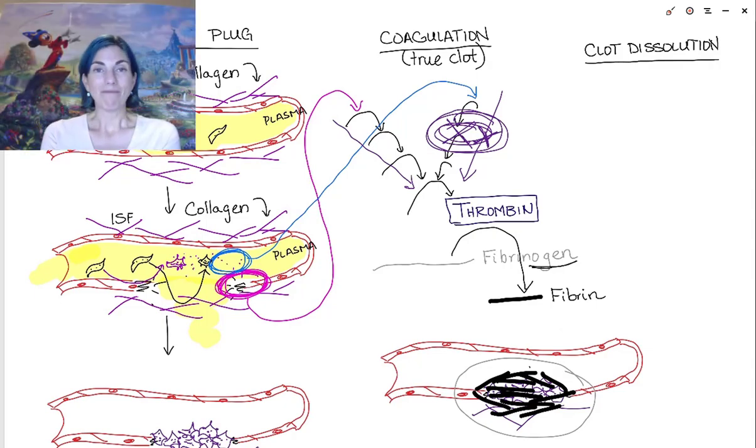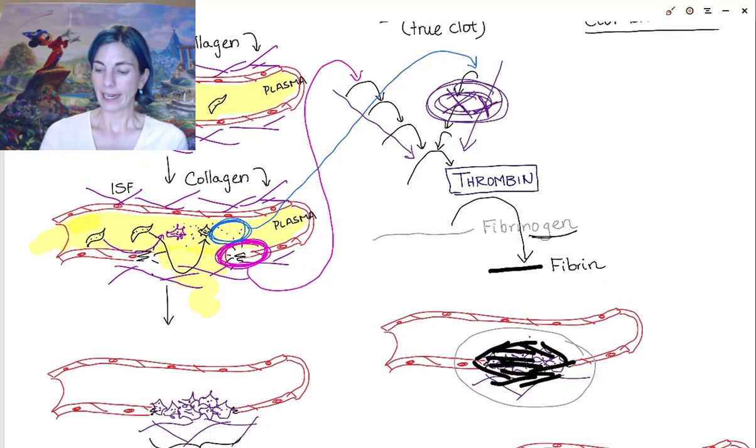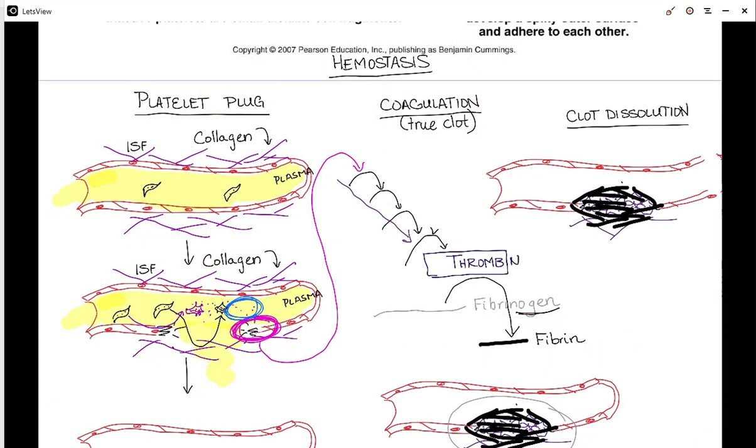There's an enzyme that cuts up fibrin, chops it up into tiny pieces so it eventually flakes off the clot. That enzyme is called plasmin. So plasmin is going to be an enzyme that is going to break up fibrin and dissolve the clot. So my end game is going to be to have fibrin be broken up by plasmin.